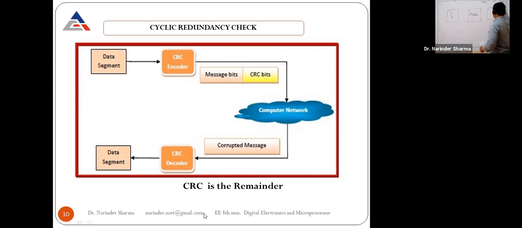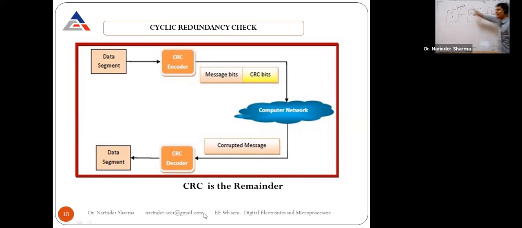This is your receiver. Data, when it has to be transmitted, has to be encoded. Whatever data has been sent should go through some medium. Here on the screen we are using a computer network. Here data has been received, and it has to be decoded.